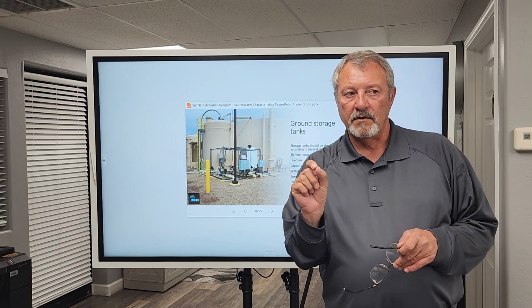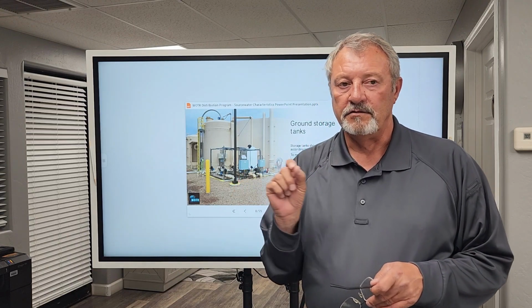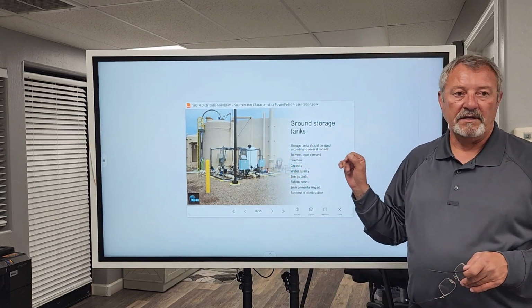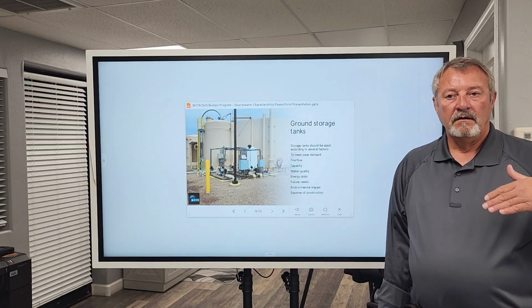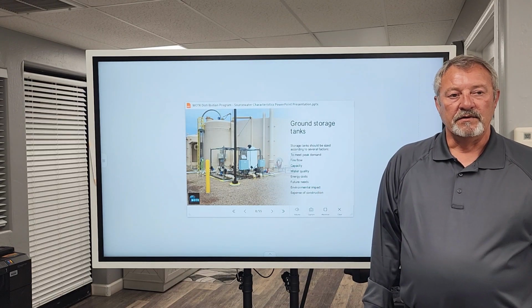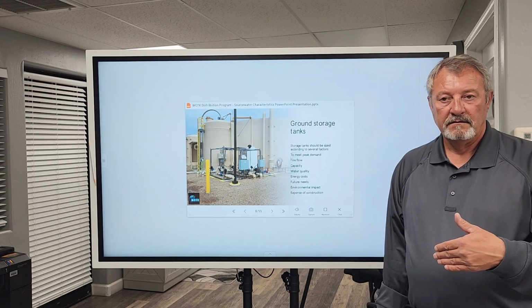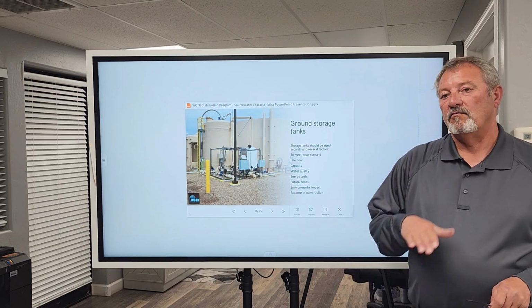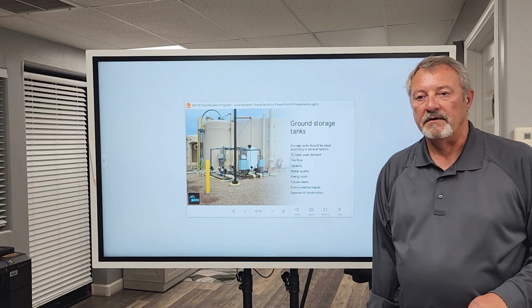If you take that number and multiply it by 2.5, you should get what you expect your peak demand to be in gallons per minute. What that means is peak demand is about 2.5 times the daily average. That's what all that means. During peak, the amount of water being used is 2.5 times your average over a 24-hour period.